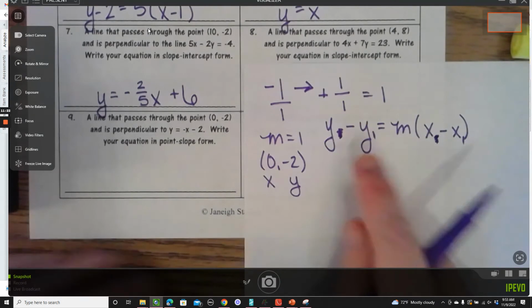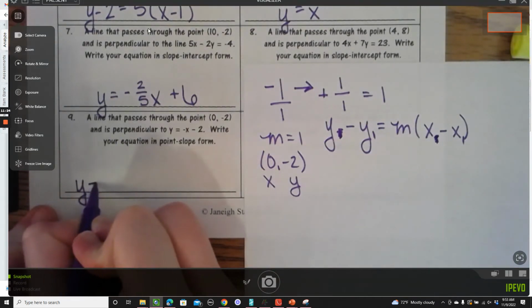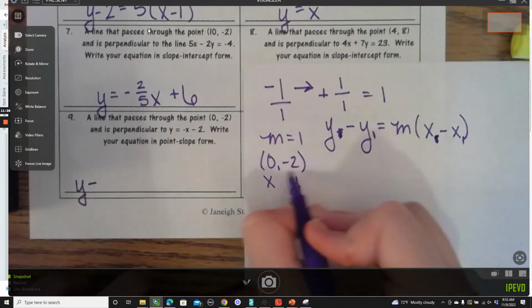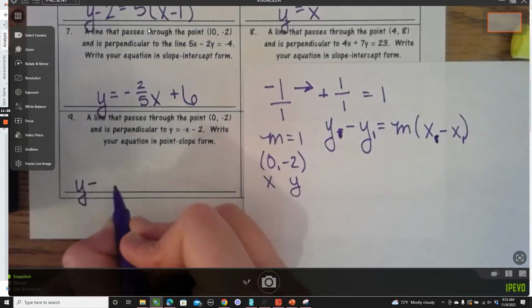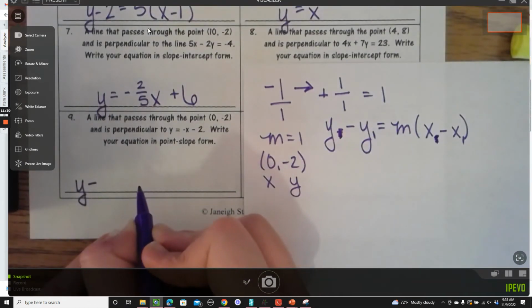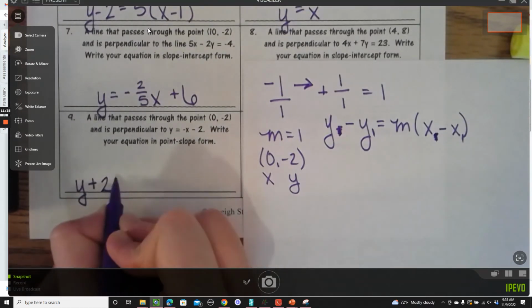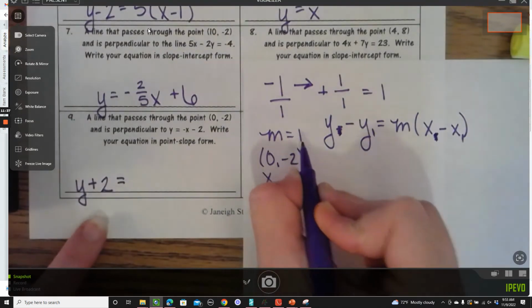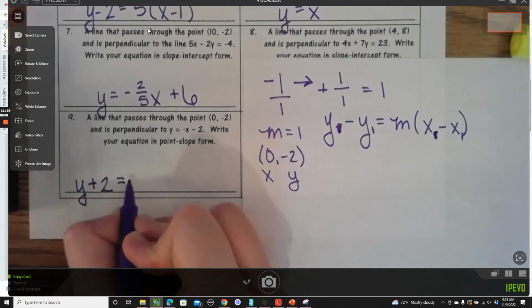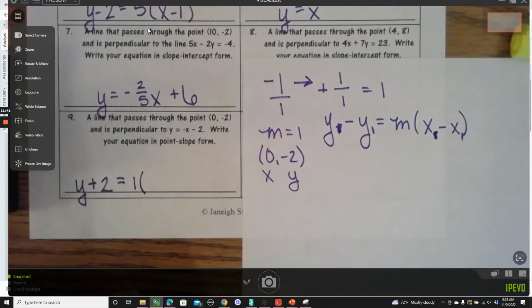I am so sorry, I said that backwards at first. So y minus. Now, y1 is a -2. Do I do minus -2? Minus -2 turns into +2. Slope is 1. So I can put a 1 there if I want.